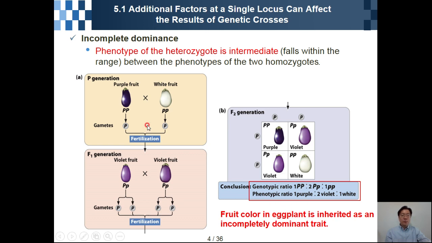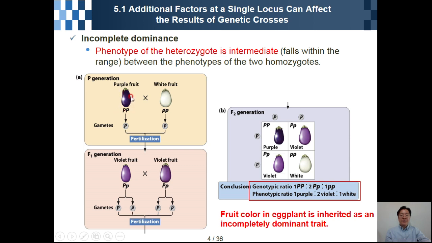In Korean, we call eggplant gaji. In the parent generation, one parent shows purple fruit, with genotype large P large P, and the other has white fruit, with genotype small p small p.